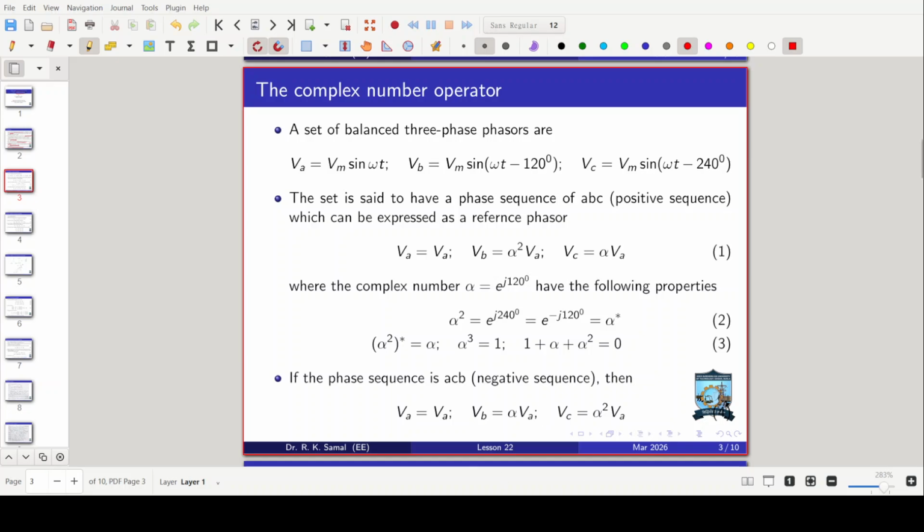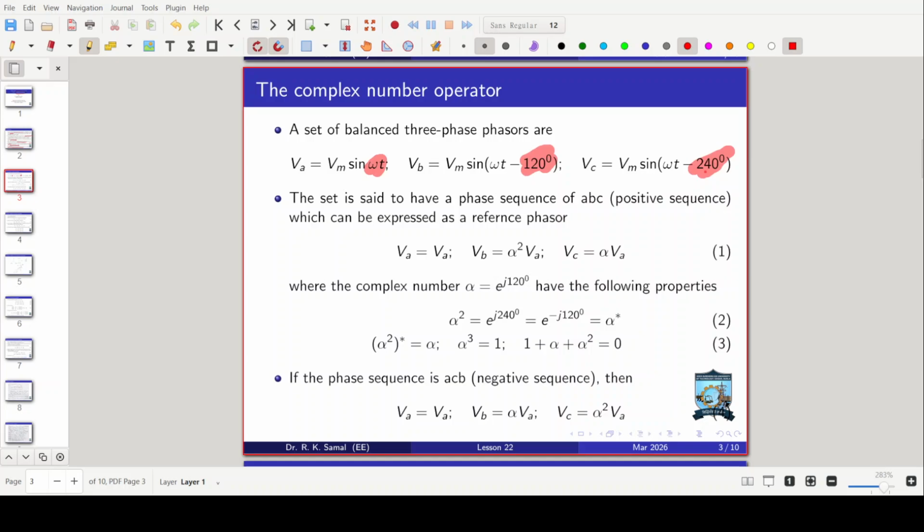So consider a set of balanced three phase system, which as you know is given by three vectors which are 120 degrees apart in phase.